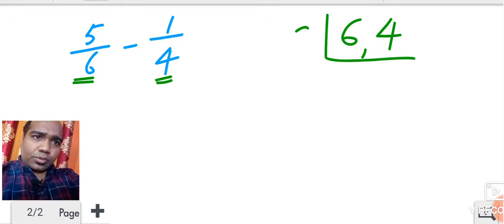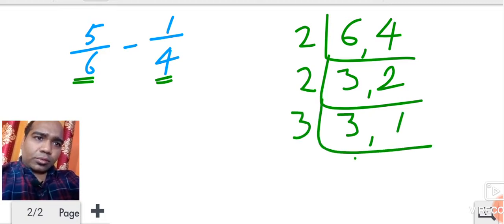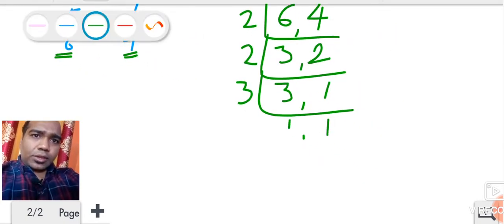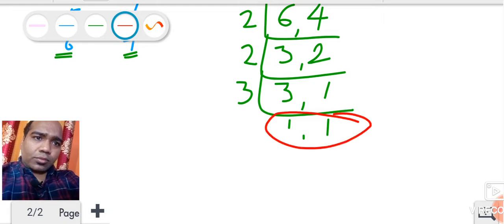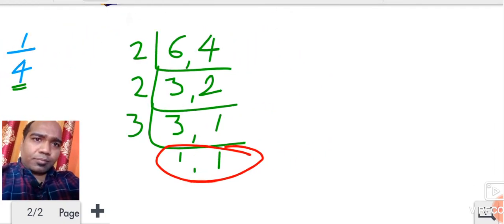So both numbers will be divided by 2. So 2 3s are 6 and 2 2s are 4. Then 2 3 as it is, 2 1s are 2. Then 3 3 1 is 3 and 1 as it is. Now you can see here in the last we are getting 1 1. So we'll stop here.